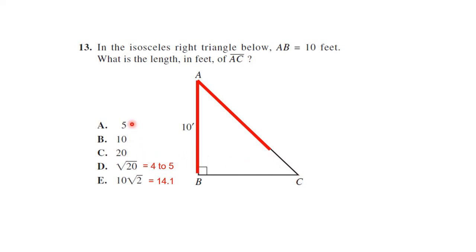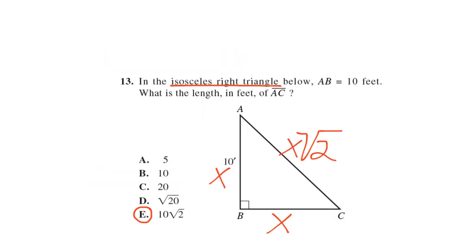So again, we know 5, 10, and 20 are out. It's bigger than 10, it's bigger than 4 to 5, so it has to be 14.1. So guesstimating works just as well without doing the proportion. The fastest way to do this one is to know that an isosceles right triangle has the side measurements x, x, x root 2. But if you don't know that, now you have another technique to solve this problem.